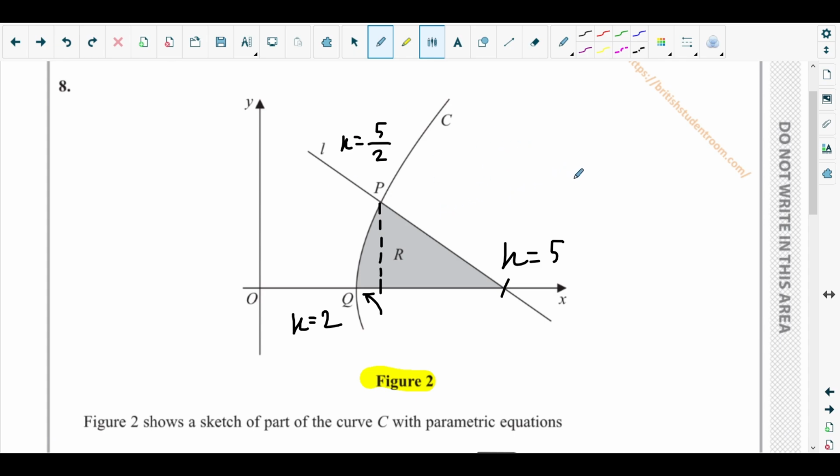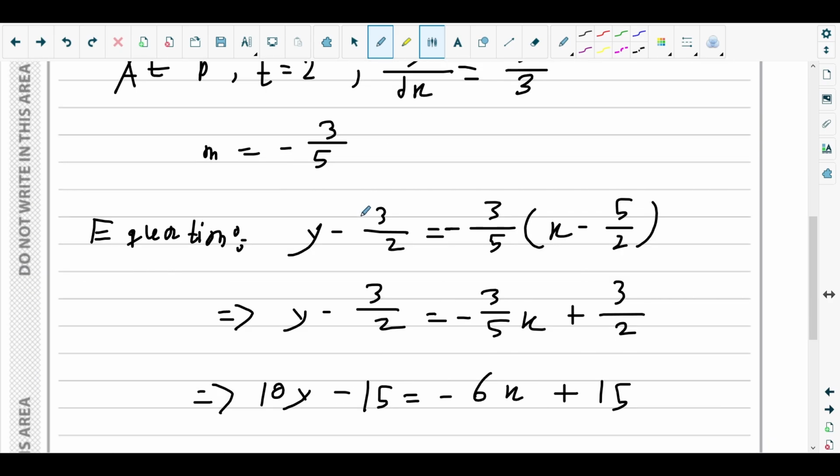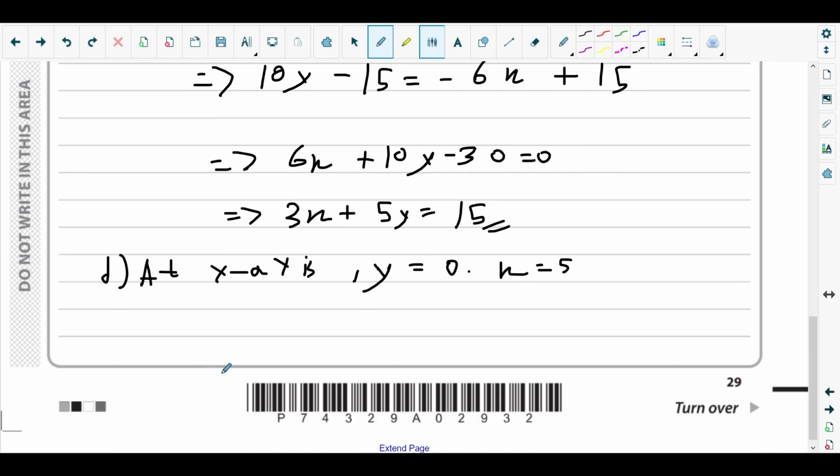We will integrate the curve from 2 to 5 over 2, using pi integral of y squared dx, and we will integrate the line L from 5 over 2 to 5 using pi y squared dx. Let's make y the subject from the equation of the line. What you will get? y equals negative 3 over 5 x plus what?